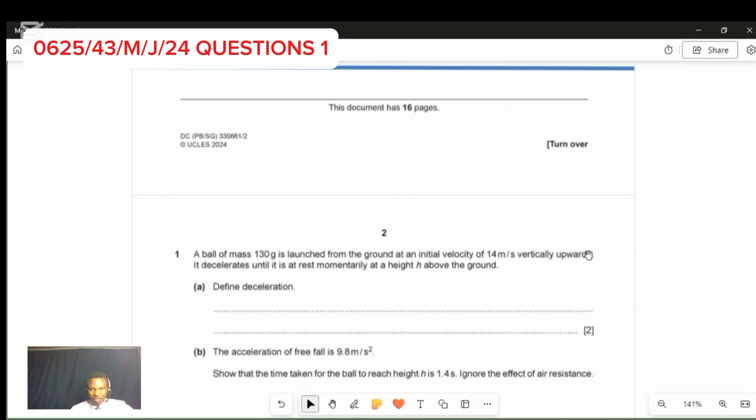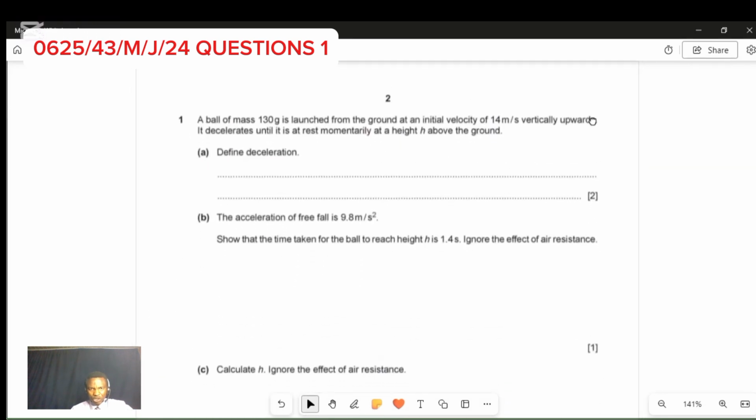So let's look at question 1. It's all about motion. A ball of mass 130 gram is launched from the ground at an initial speed of 14 meters per second, vertically upward. It decelerates until it's at rest momentarily at the height of h above the ground.